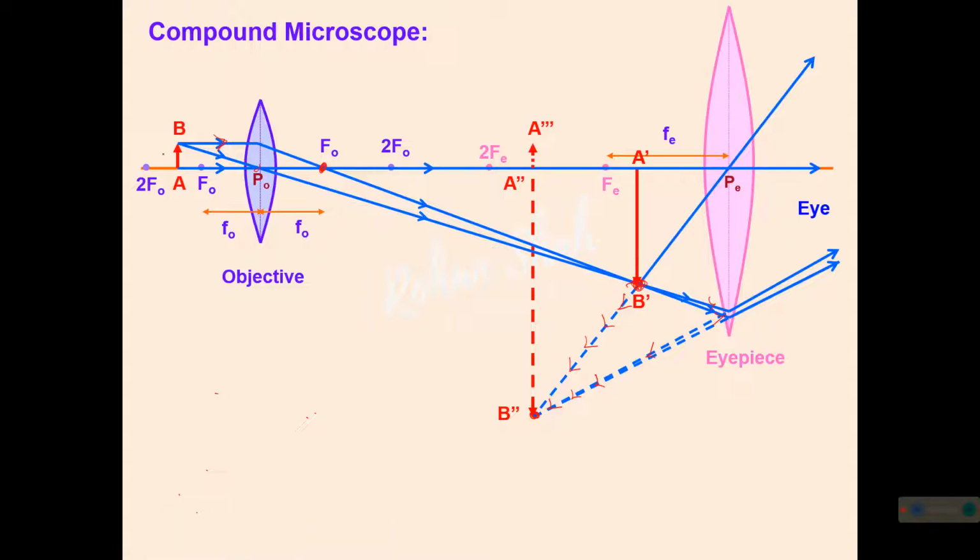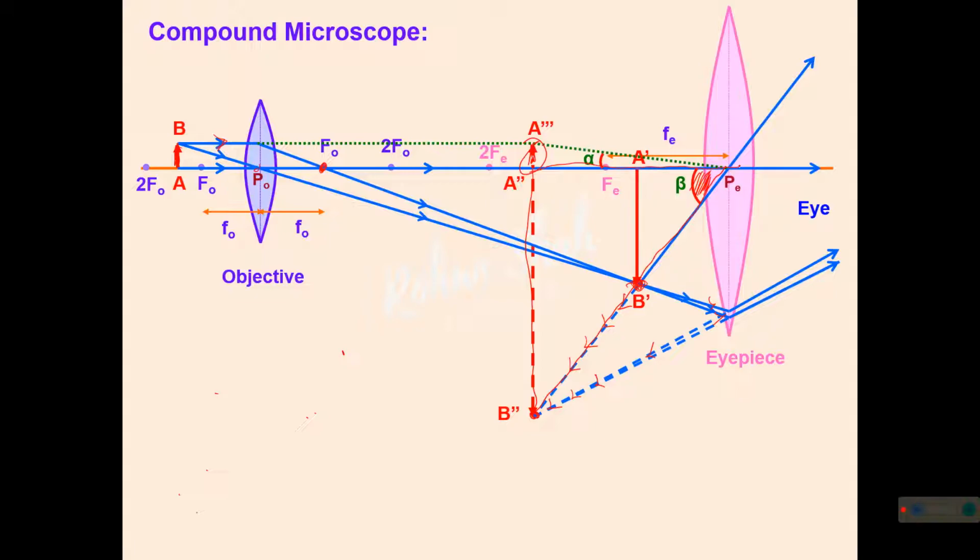And now we have to shift the object AB over here for the LDDV, that is the least distance of distinct vision, right? Great. Also for the derivation point of view, this height is same as this height. Okay. Good. Now next, this is the angle alpha and this is the angle beta. This is the beta angle which is formed by this final image.